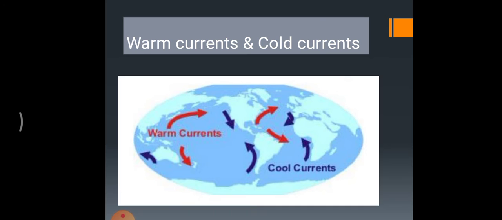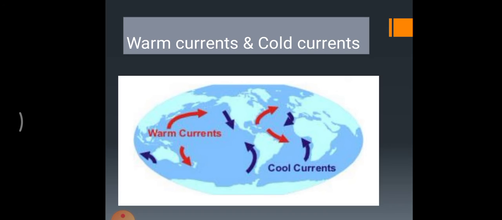And you can see warm currents flow from tropical region to polar region, tropical or subtropical region to polar or subpolar region. You can see the arrow starts from the tropical region and goes towards the polar regions.